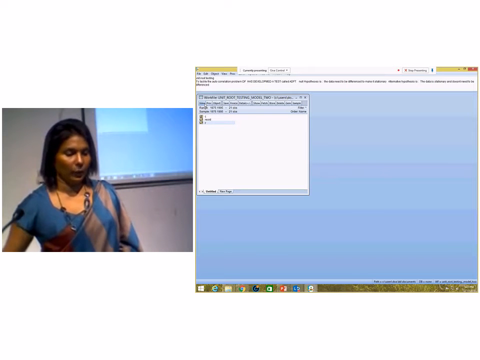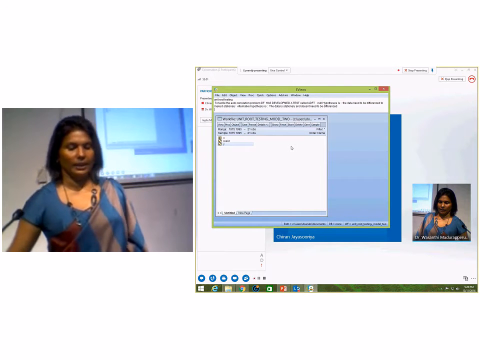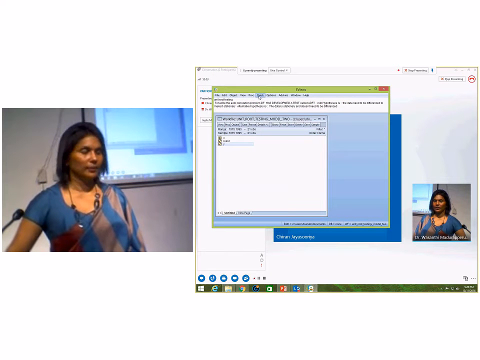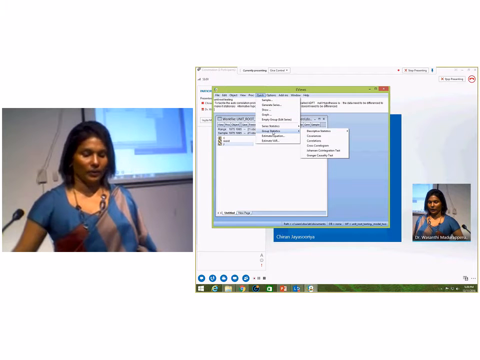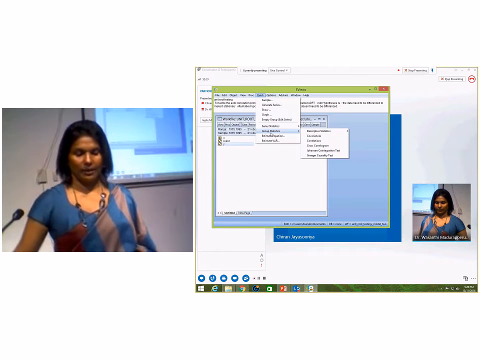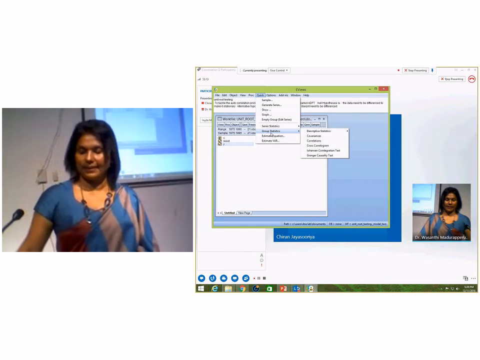Right, now go to the Quick menu. Download the data set. Go to Quick, and you can see Group Statistics.